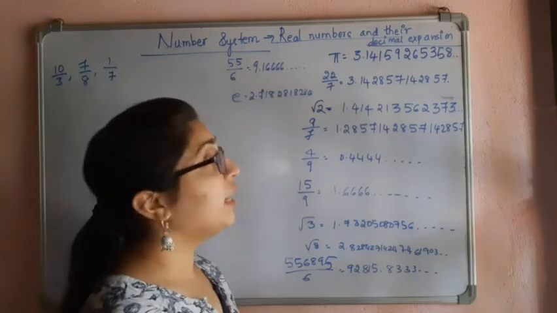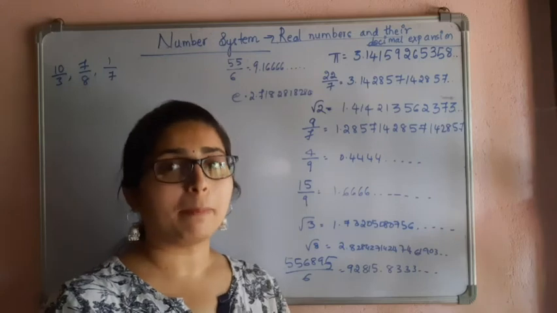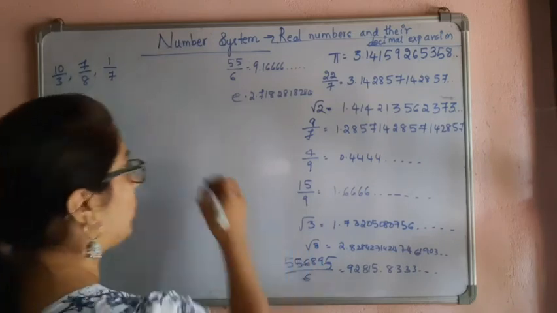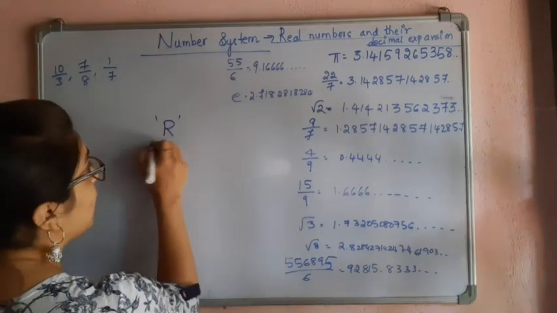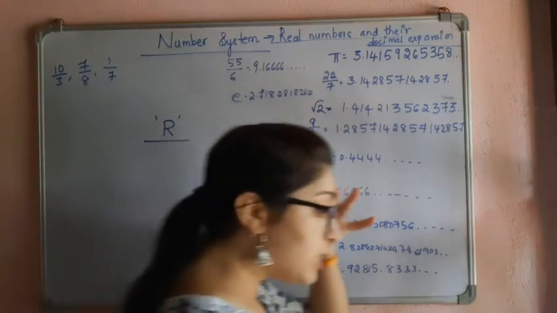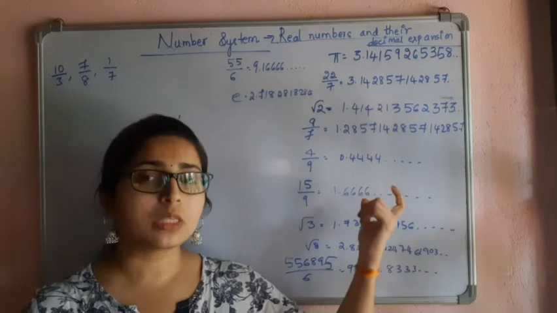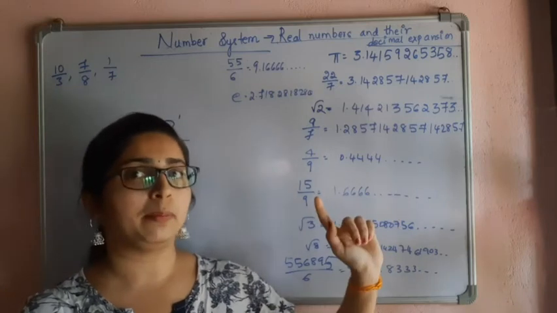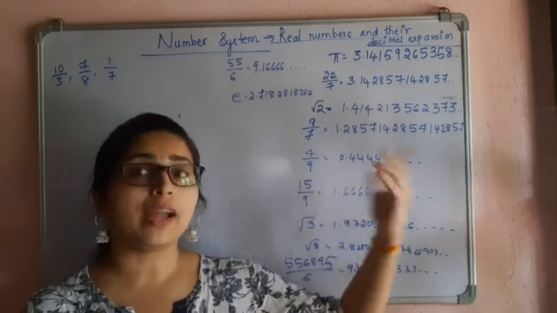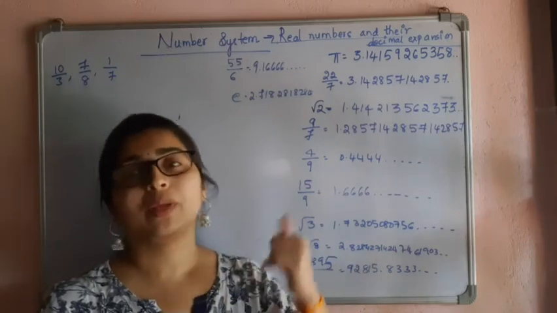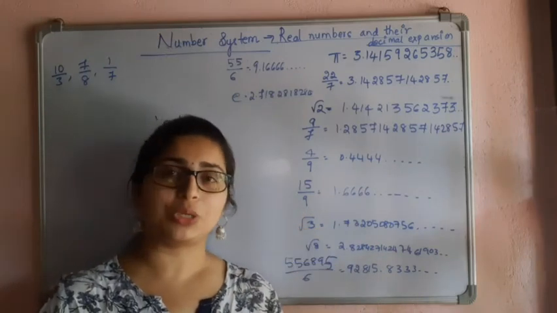Real numbers are represented by capital R. In this video, let us see if we can use the decimal expansion of real numbers to distinguish between rational and irrational numbers.